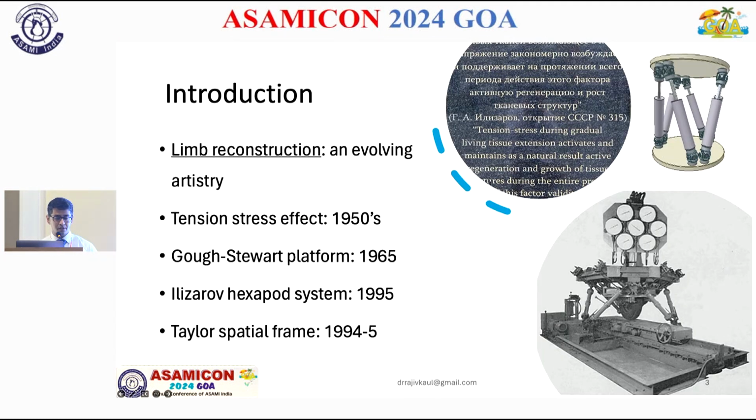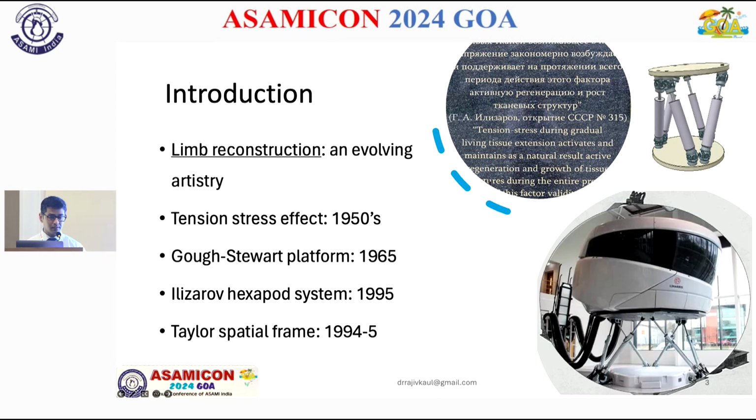So, limb reconstruction, we know, is an evolving art, from the discovery of the tension stress effect by Professor Elizarov in the 1950s to the evolution of the latest state-of-the-art hexapod systems. The first description of a hexapod device was in the form of the Gough-Stewart platform, which was used in tire construction and later in aircraft simulators.